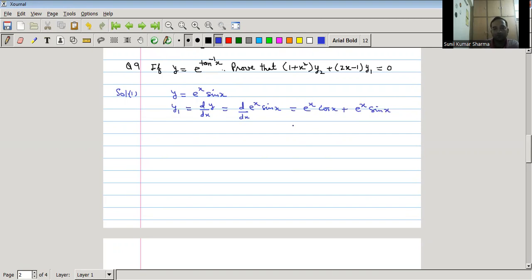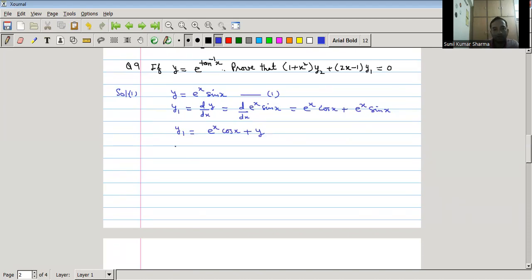So we can write y1 is equal to e to power x cos x, plus we can also write this as y, because e to power x sin x is again y. This is our first equation.